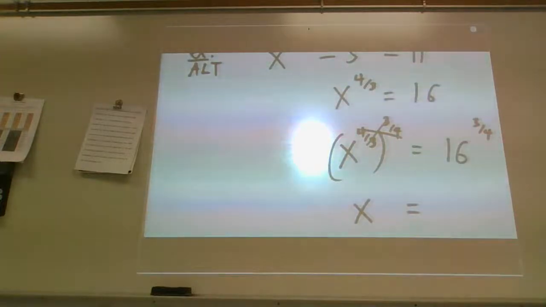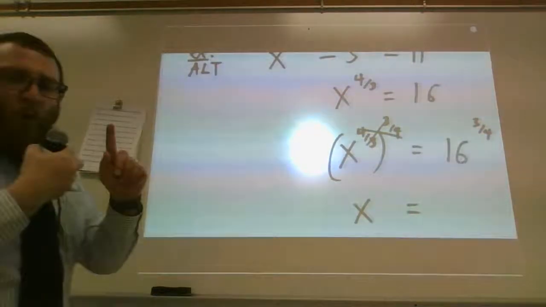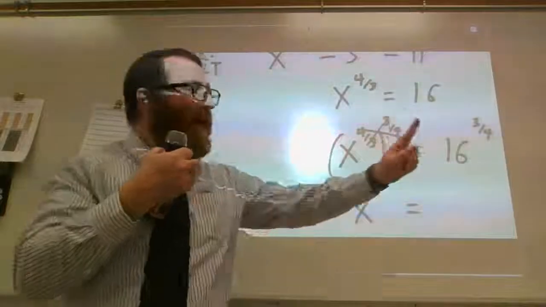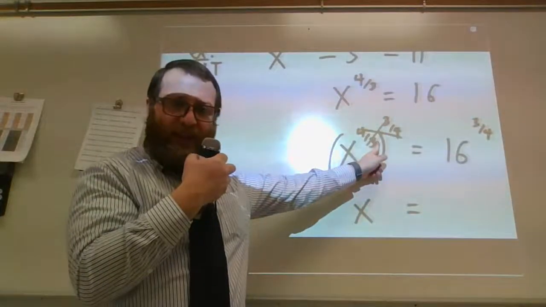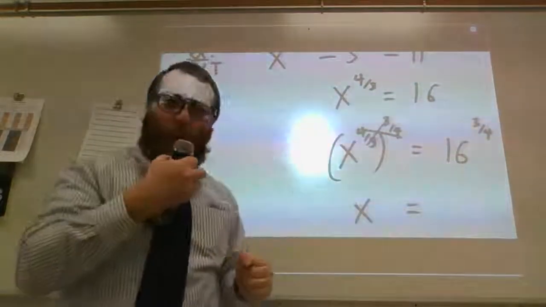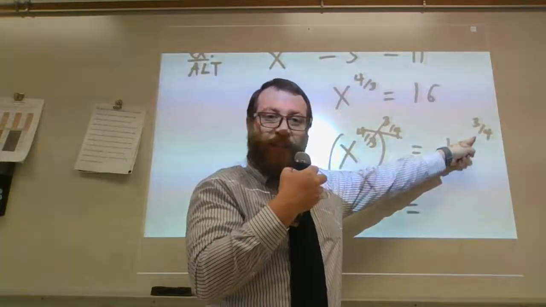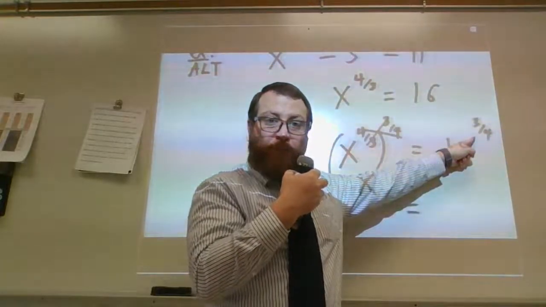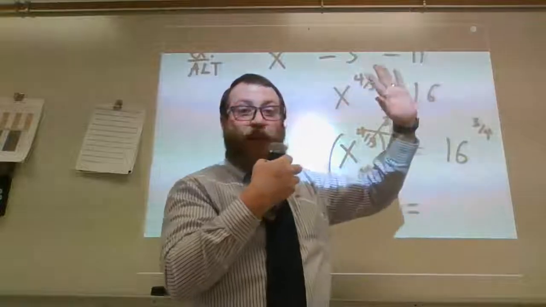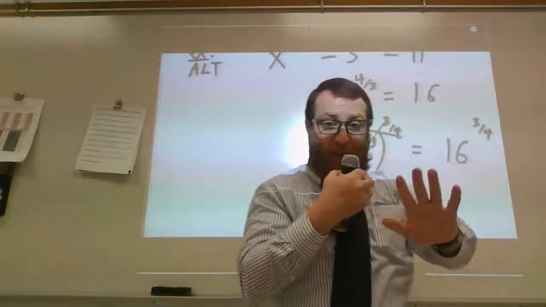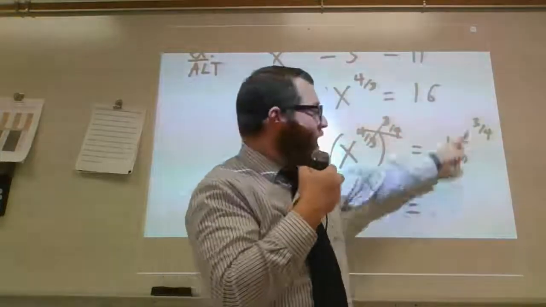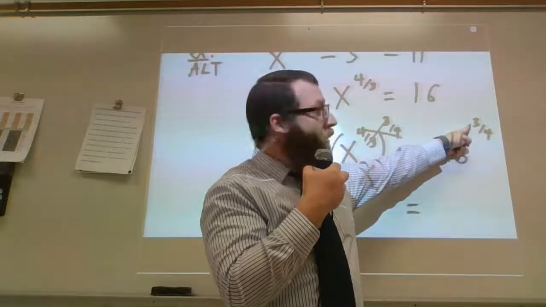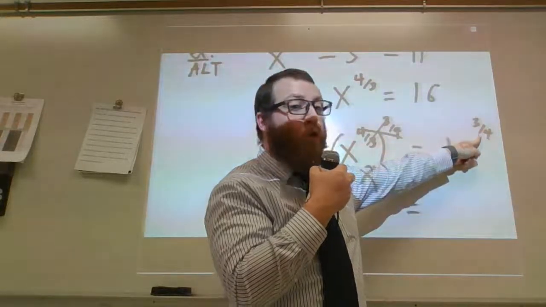The most important part is the fact that when you canceled out this exponent, you did so by introducing this fraction. And I've been saying it for multiple class periods, and I'm going to say it again. Power over root.